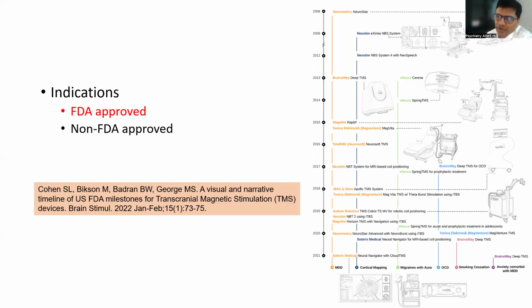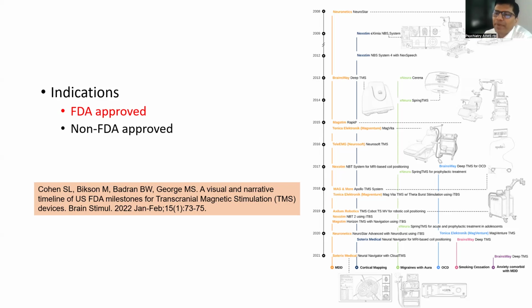There are various protocols. So the FDA gives approval to a particular machine, to a particular coil, to a particular target area, and to a particular protocol. So it is very specific. Suppose we use a particular coil of a particular machine, and that is approved for depression; you cannot generalize that to other psychiatric illnesses.